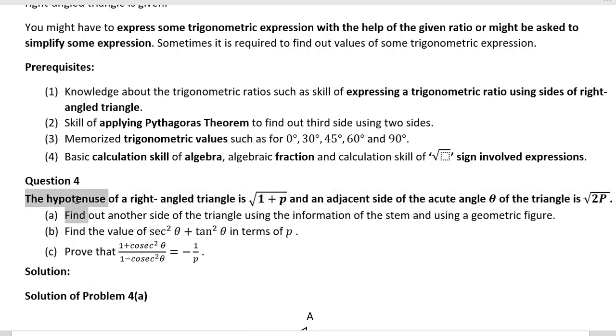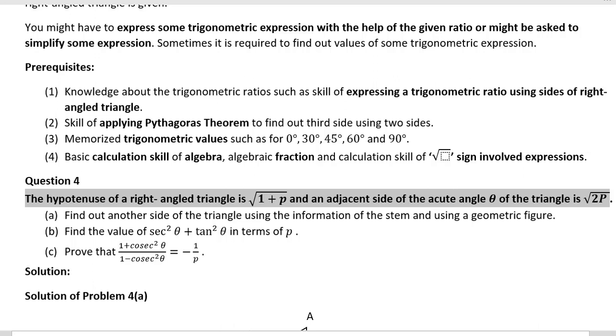You can see here as a stem, it is given that the hypotenuse of a right angle triangle is root over 1 plus P, and the adjacent side of the acute angle theta of the triangle is root over twice P. Now you are to find out another side of the triangle using the information of the stem and using a geometric figure, and also find the value of sec square theta plus tan square theta in terms of P. So you have to express these terms in terms of P. And also you have to prove that 1 plus cos square theta divided by 1 minus cos square theta is equal to minus 1 by P.